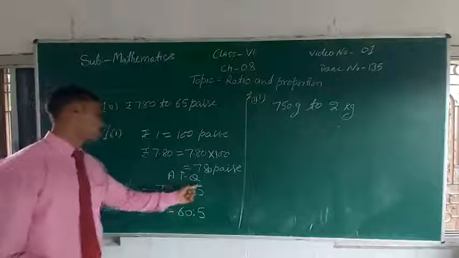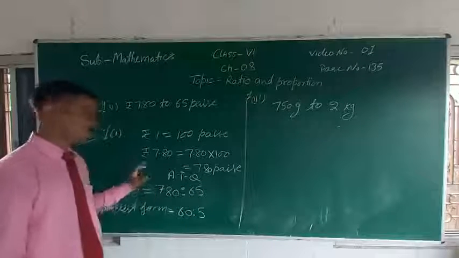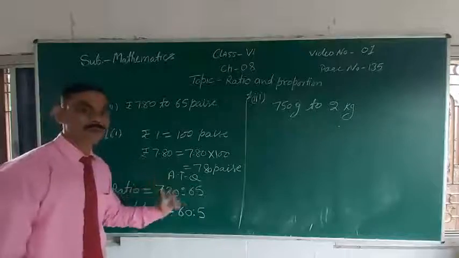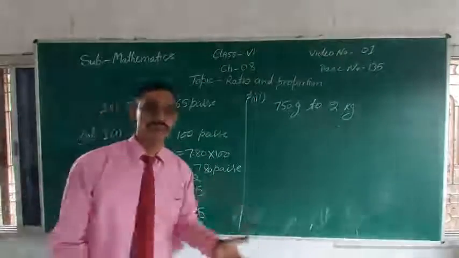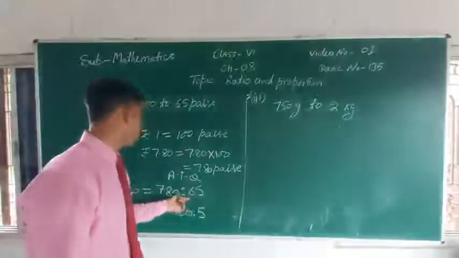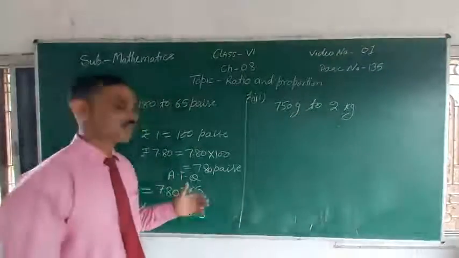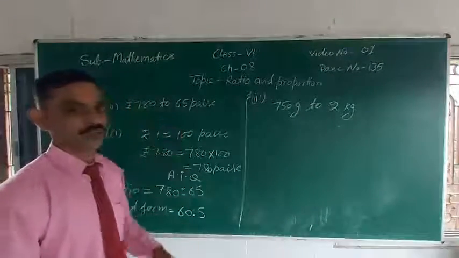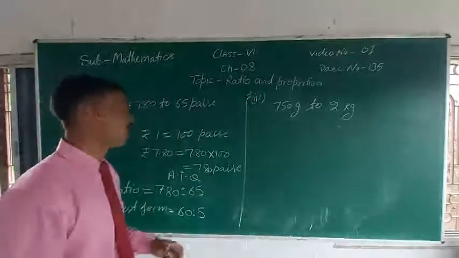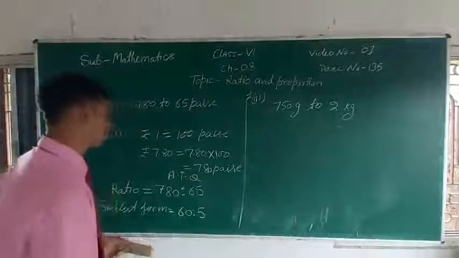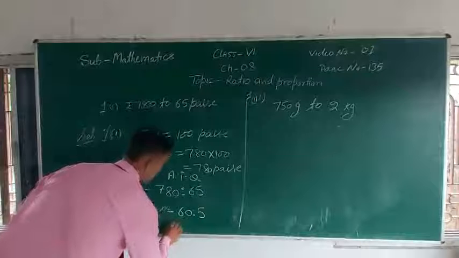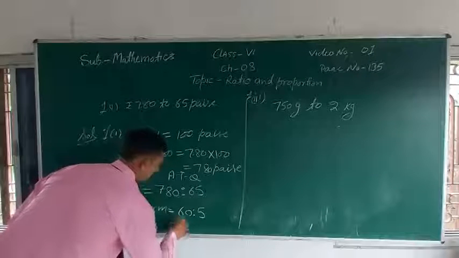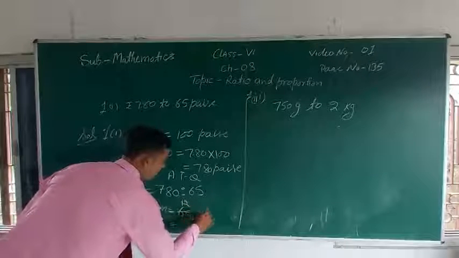The HCF of these is 65, but at the level of 6th class you may go up to smaller tables, so you will divide by 5. We get 12 and 1.